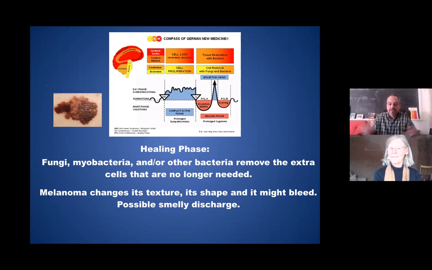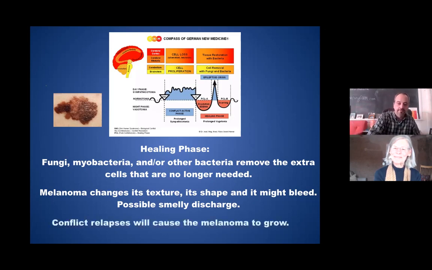And this is where the whole idea and concept of benign and malignancy comes in. So when that melanoma starts to decompose, conventional medicine says, well, this is a problem. This is malignant cancer tissue, skin cancer.